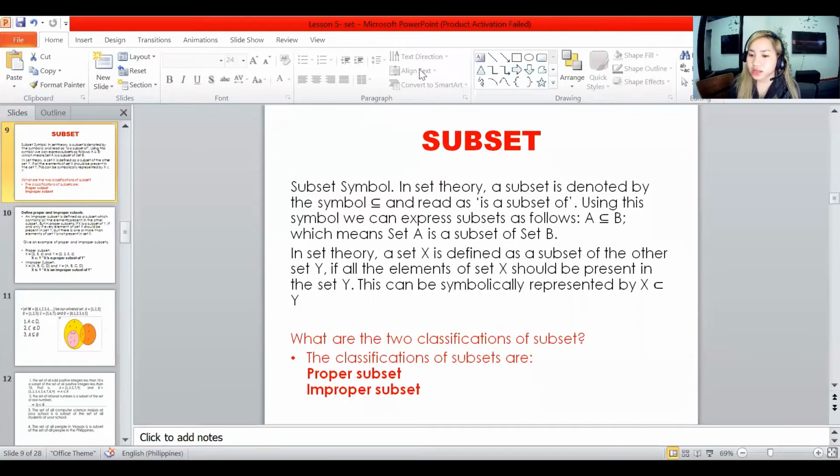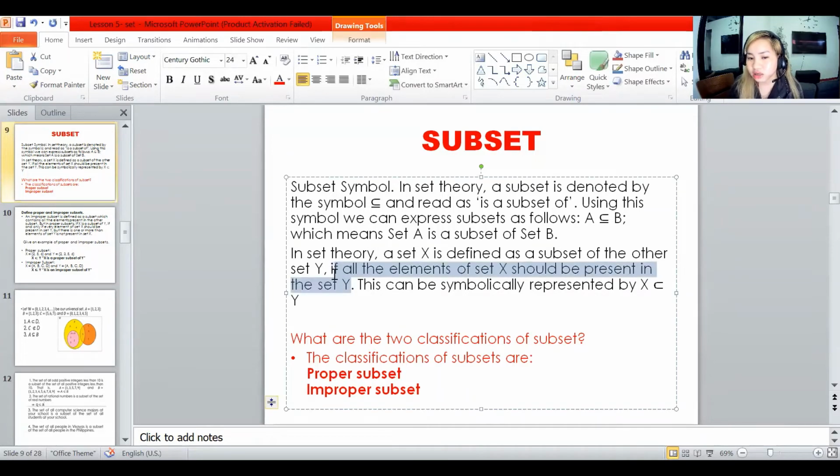In set theory, a set X is defined as a subset of the other set Y if all the elements of set X should be present in the set Y. So, magiging subset lang daw siya or proper subset kapag po lahat ng elements ni X ay present dun sa elements ni set Y. This can be symbolically represented by X is a proper subset of Y. So, what are the two classifications of subset?